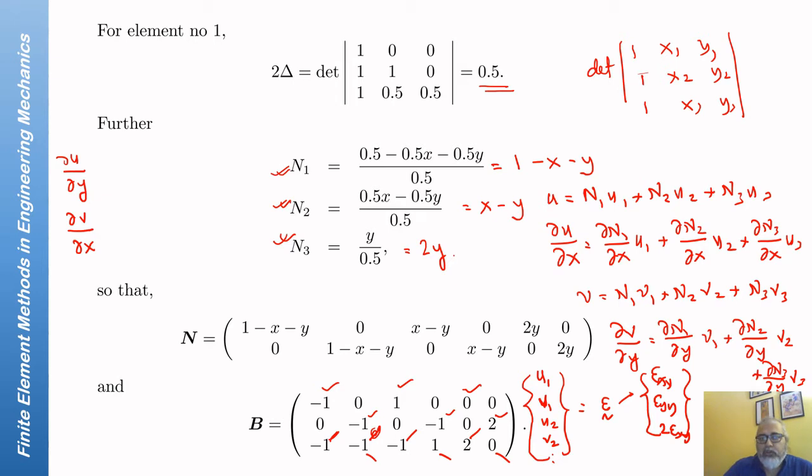Okay, so to do that we need to now know whether it is a plane stress problem, plane strain problem, or an axisymmetric problem. There would be slight differences from now on. Especially let us understand what it means for an axisymmetric problem.